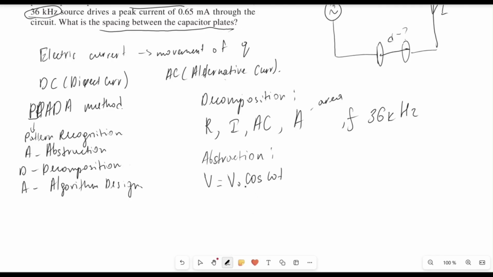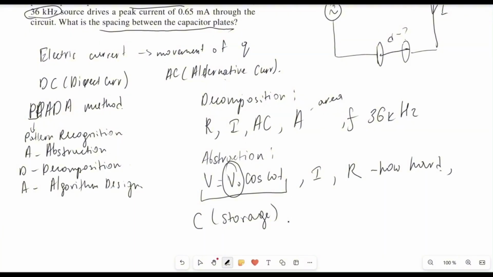But in the problem, we have voltage zero, the maximum voltage, and no need to use this formula. I'll just write it. Also, we have a current. Current shows how fast charges move. Also, resistance: how hard it is for current. Also, capacitance: how much charge it can store. I can write it just like a storage.